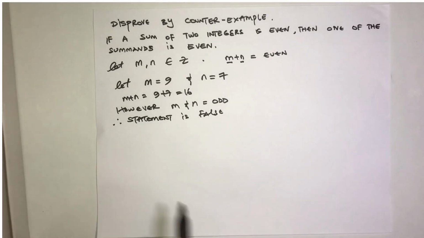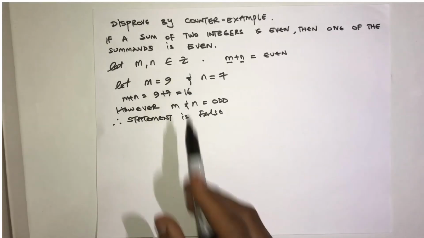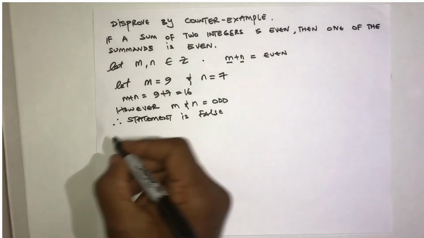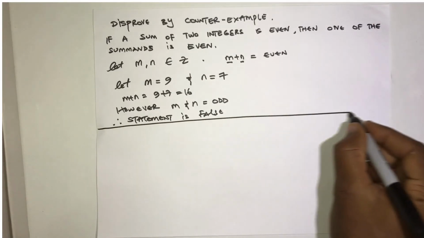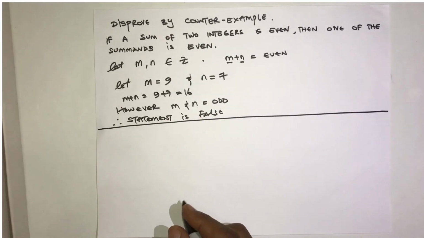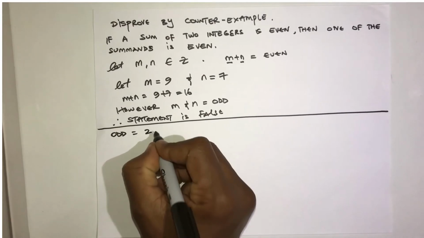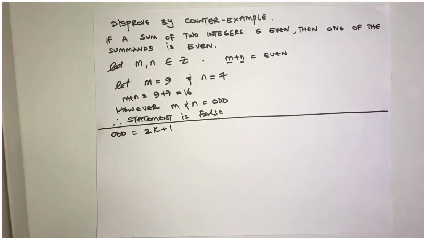Another fancy way that we can look at this question is in a more general notation. They are saying that if the sum of two integers is even, then at least one of the summands should also be even. So we are going to look at the case where none of the summands are even. Now if we recall, an odd number is generally denoted as 2k plus 1.